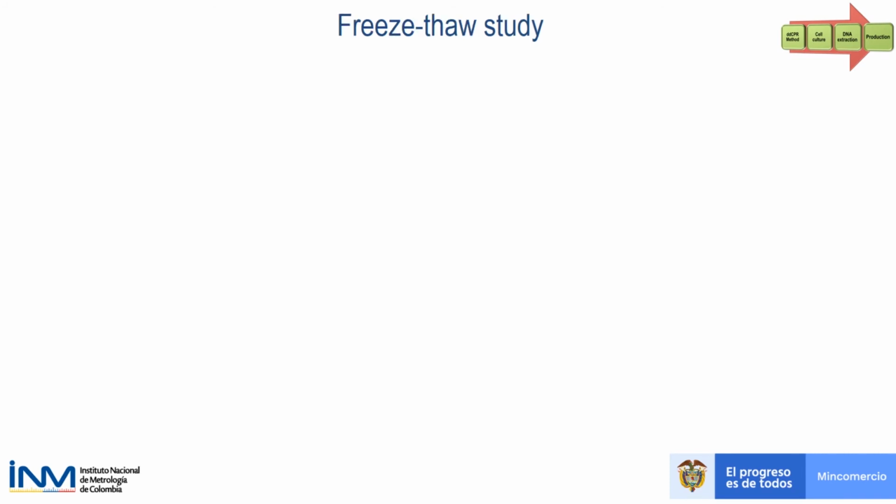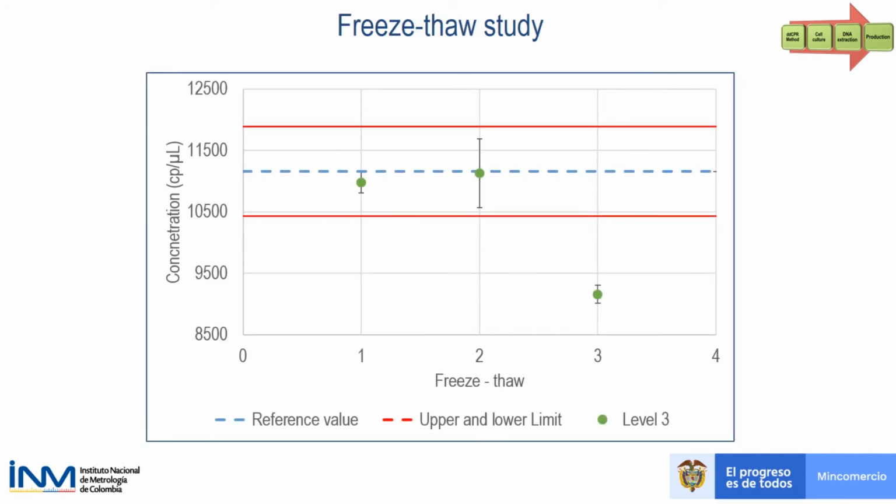In addition, a freeze-thaw study was carried out. It showed that the stability of the material is affected by the process. So, to guarantee the assigned value, the material can only be freeze-thawed twice. Every data point corresponds to the average of 2 samples. We will continue working on this topic in order to improve this behavior.